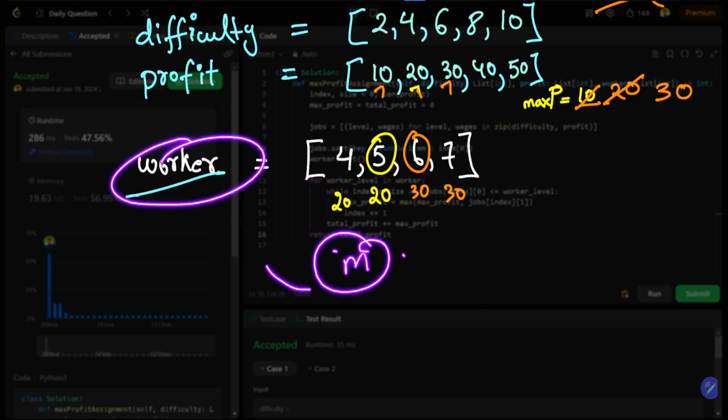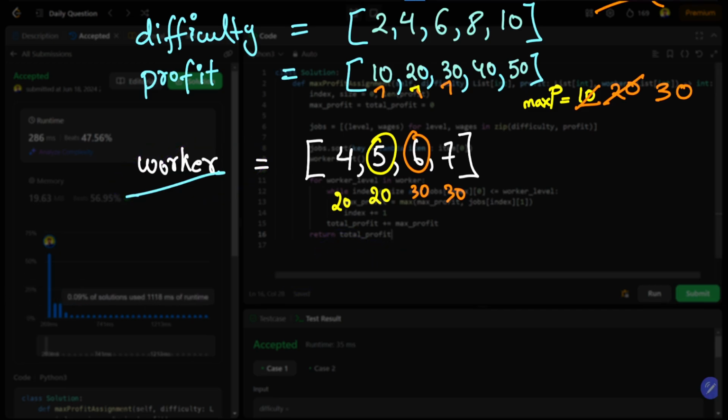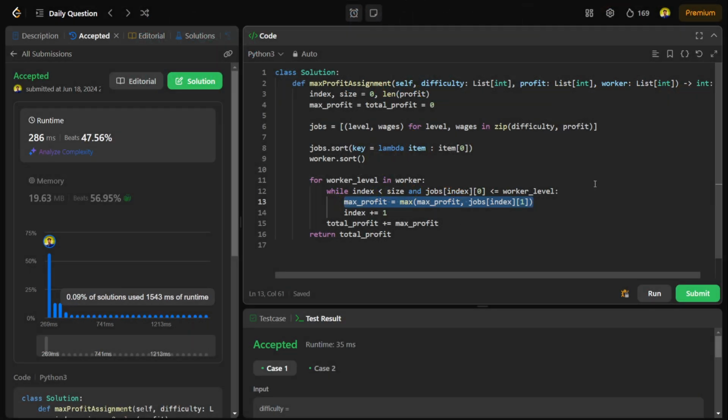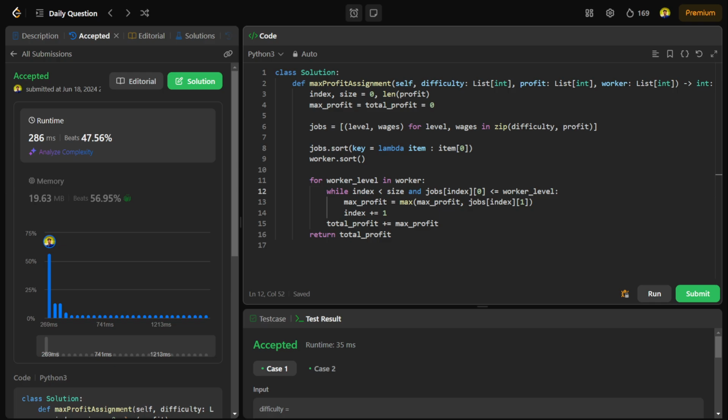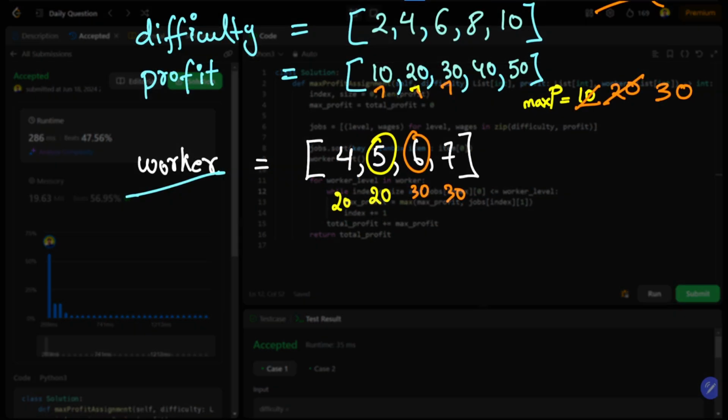Over this part alone, I'm iterating over the job array, but at max n times, because we are skipping some part. Suppose we have this array.